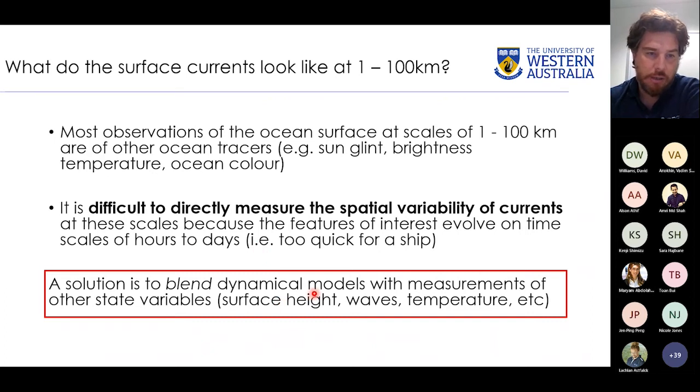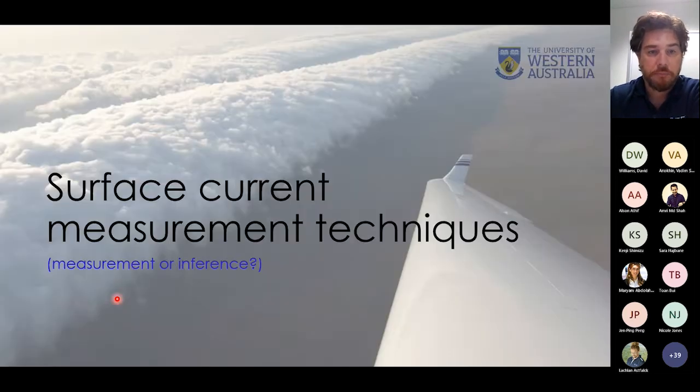So the solution really is to blend dynamical models with measurements of these other variables, so things like the sea surface height, surface waves, to then infer what the currents look like at these scales.